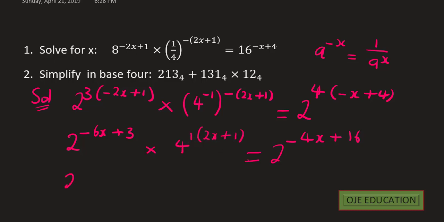So I have 2 raised to the power of minus 6x plus 3 multiplied by 2 raised to the power of 2 times 1, open bracket, 2x plus 1 equals 2 raised to the power of negative 4x plus 16. All right, 2 times 1 is 2.